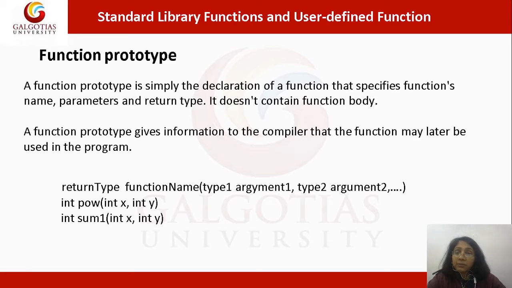A function prototype is simply a declaration of the function that specifies name, parameter, and return type, as mentioned in the slide. It does not contain any body. The function prototype gives information to the compiler that the function may later be used in the program. So before using the function, we write down the function prototype before the main itself.